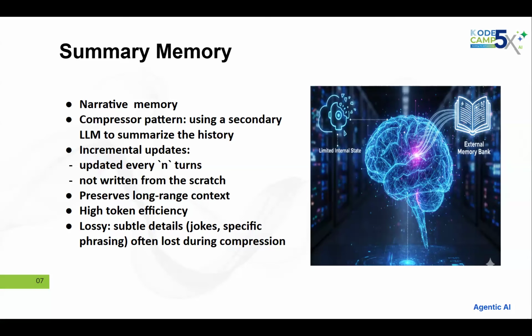If you prioritize detail over range, then you have to use buffer memory. But if you prioritize history range over detail, then you use summary memory. It's a trade-off you have to figure out and make as you are designing your agent.